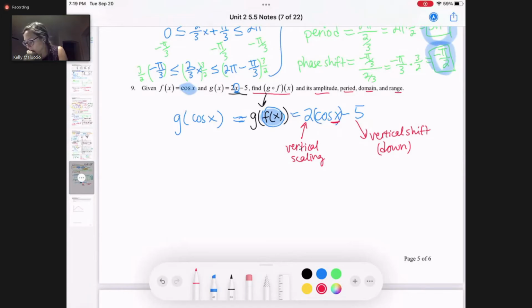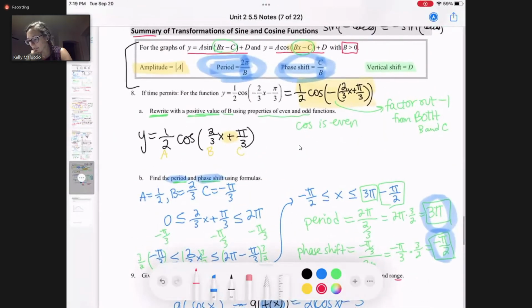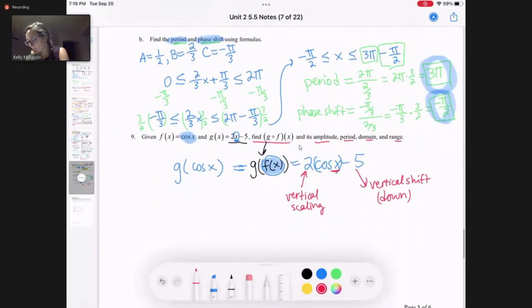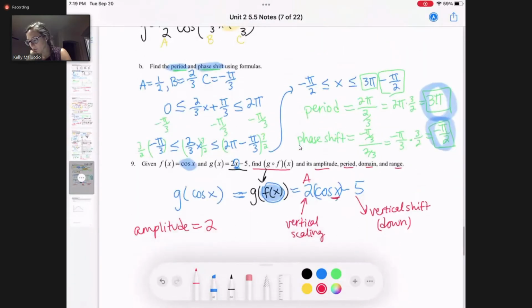So what does it ask me to do? Amplitude, period, domain, range. So looking at this, my amplitude, remember, this will be my A, is just going to be 2. Then my period, this is where it's a little tricky.